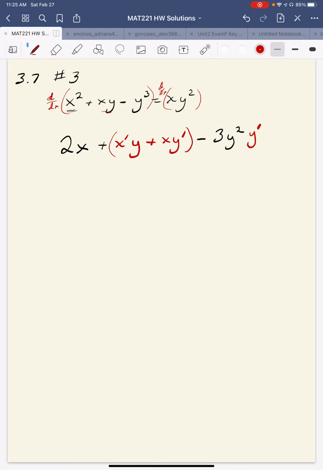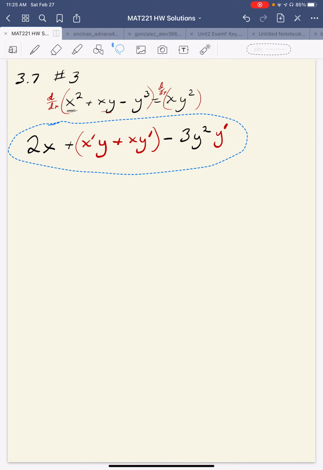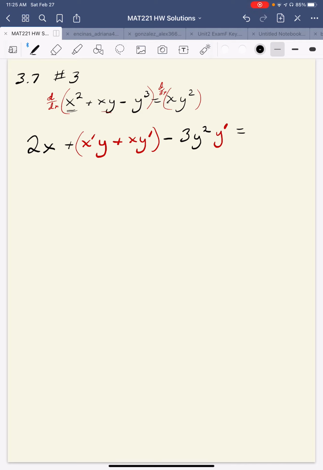I didn't leave myself very much room here, so I'm just going to move that over a little bit so that I can get the room I need. So now that is all equal to the derivative of the other side of the equation. The other side of the equation is x times y squared.